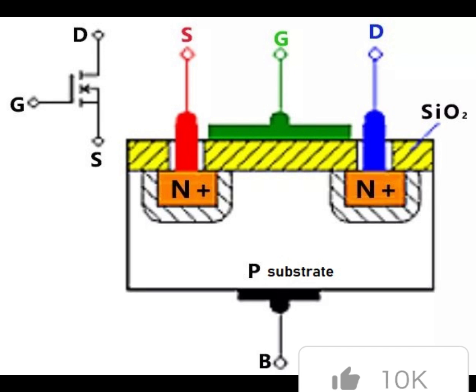The positive gate voltage also attracts electrons from the N-positive source and drain region into the channel. Thus, an electron-rich channel is formed.